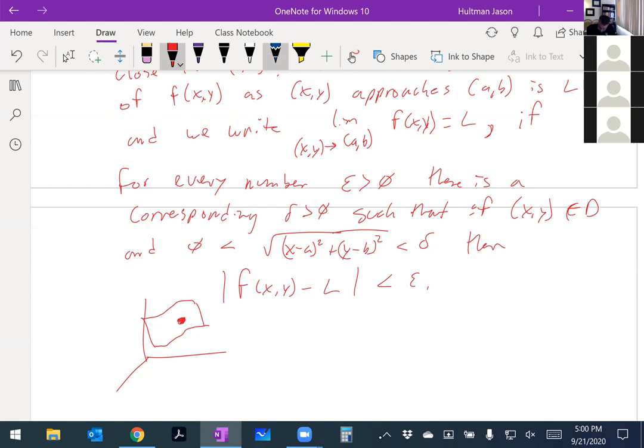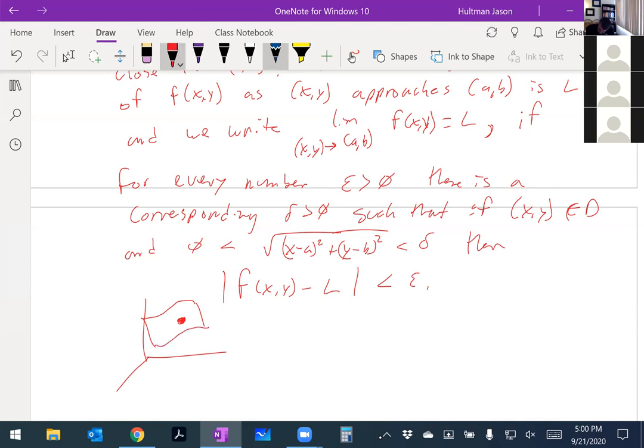And we're saying that as we approach this point from the x direction and from the y direction, then the distance between, let's have 2 points here.